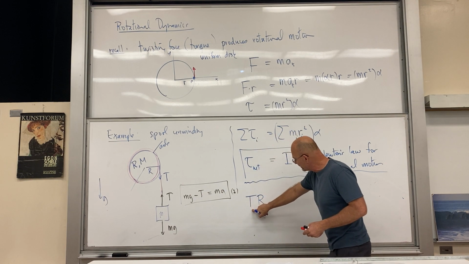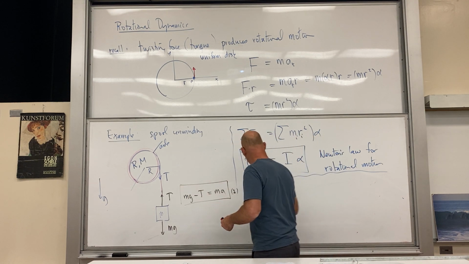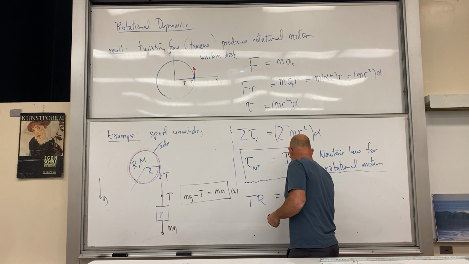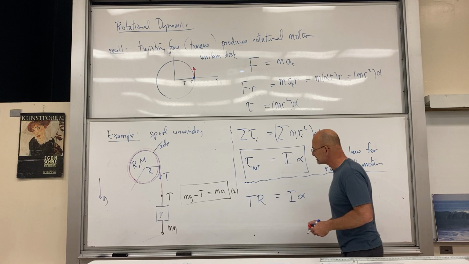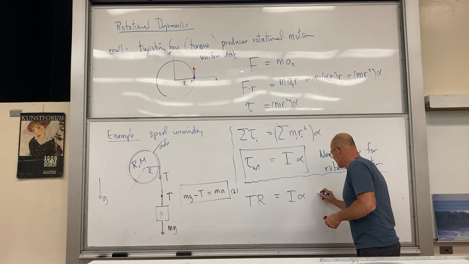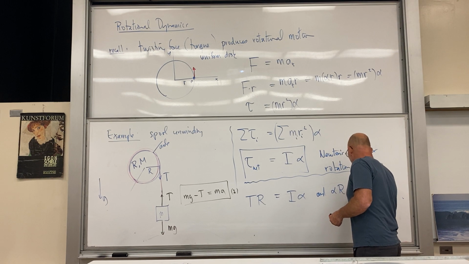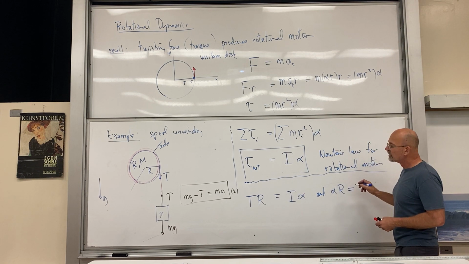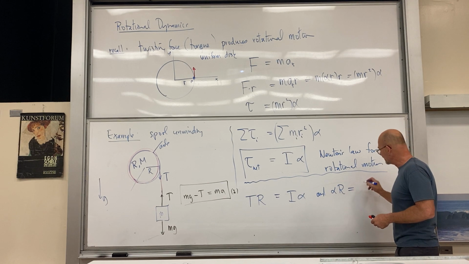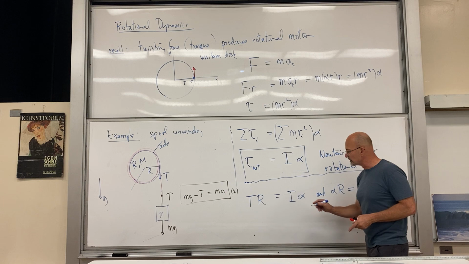That's a force times a length. That's my torque. That's what's torquing this thing. And that equals I times alpha. But we have alpha R is equal to A. I'm going to make some substitutions.